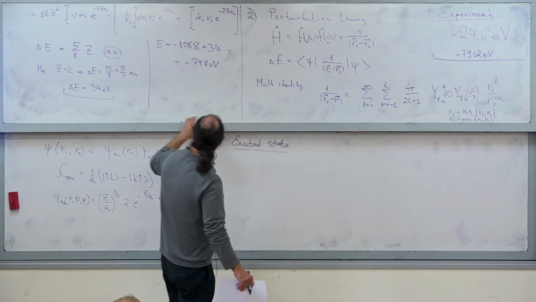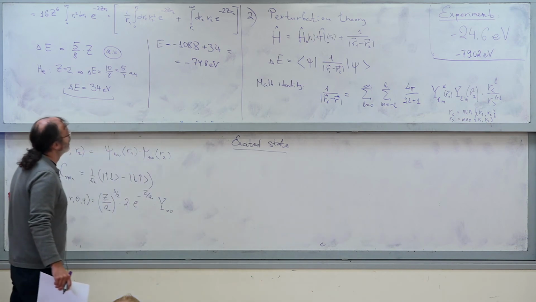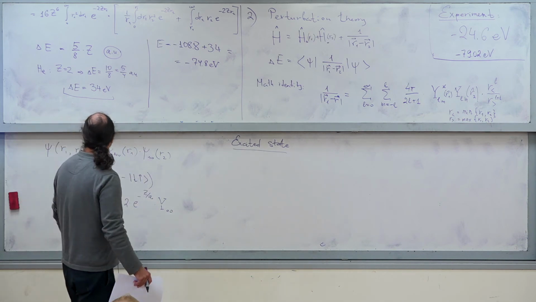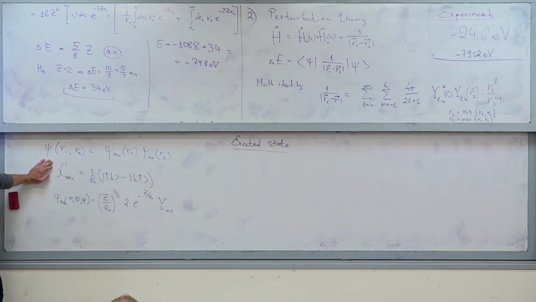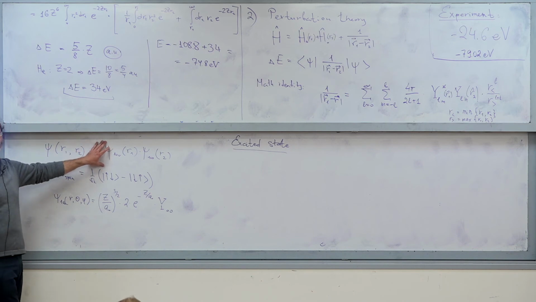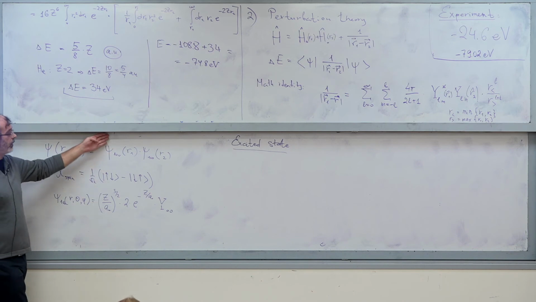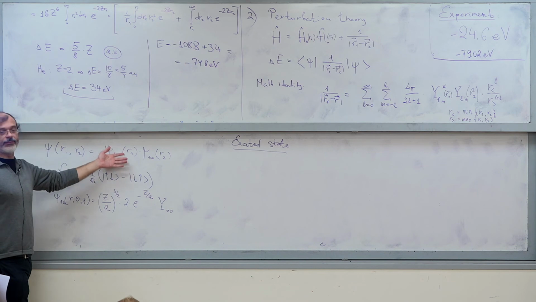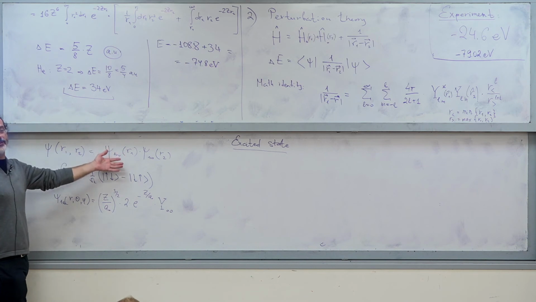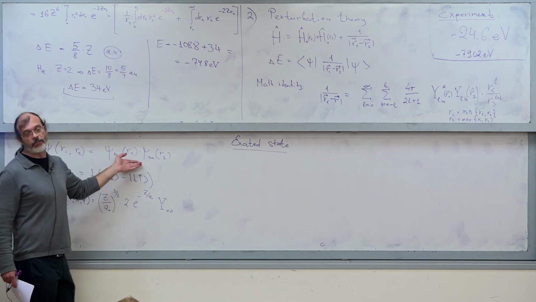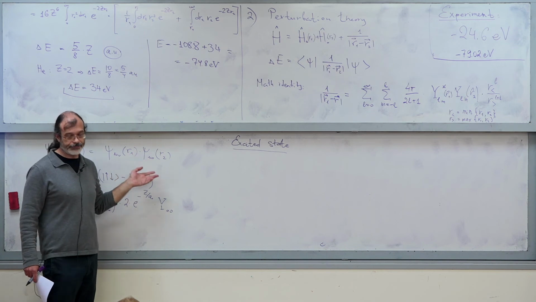In the ground state, the only possibility that we had was to put the antisymmetrization of the wave function in the spin degrees of freedom, because we occupy the same orbital. So we cannot introduce antisymmetrization in the orbital part of the wave function.